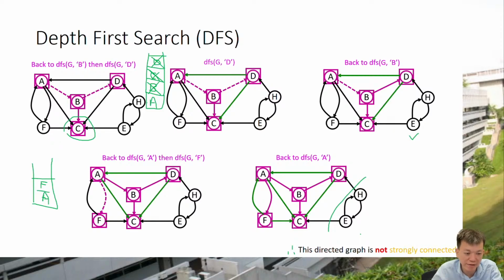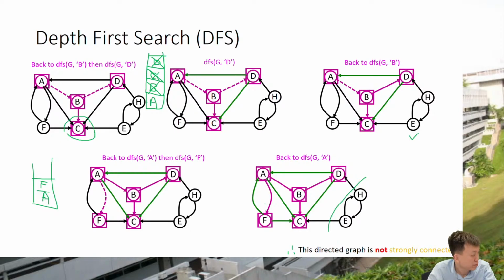Then I try D, F, all of them. After I go through all of them, I confirm, based on the definition, that strongly connected means any vertex can find a path to any vertex. So that is how you find whether the directed graph is strongly connected or not.